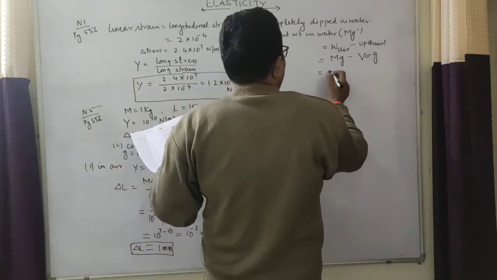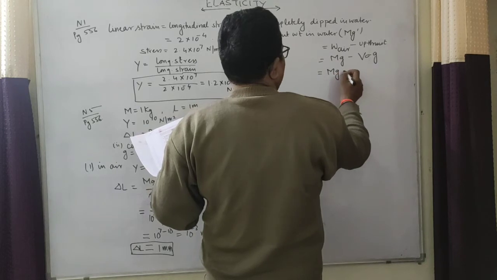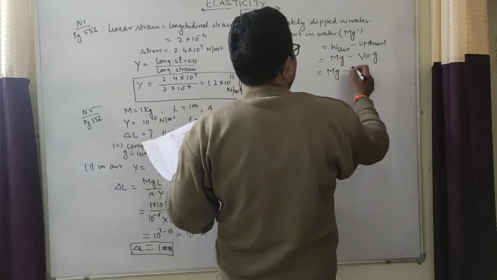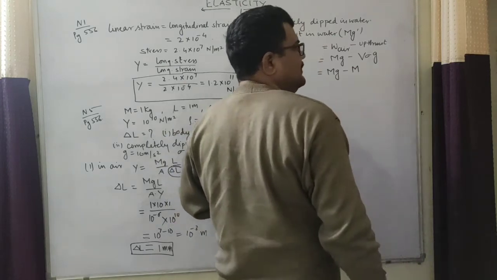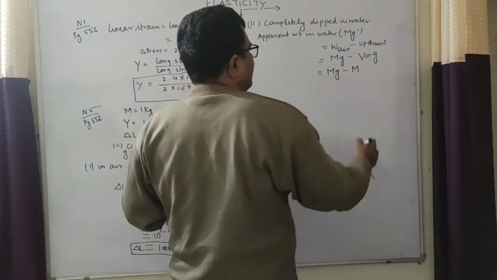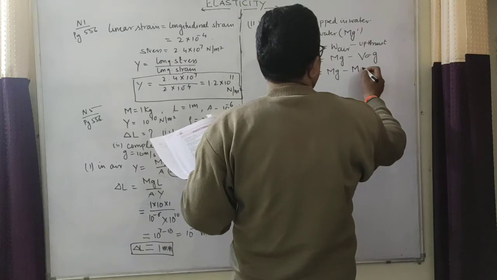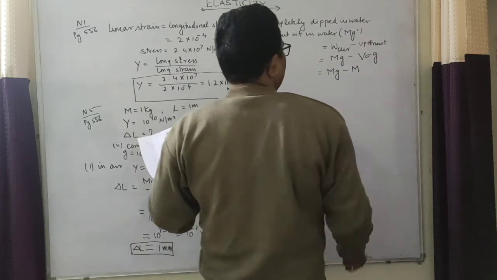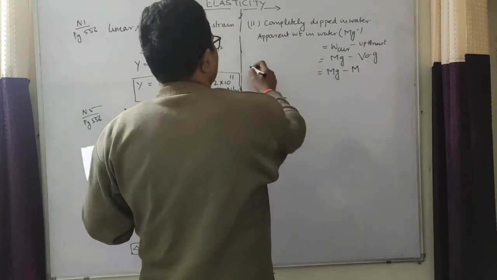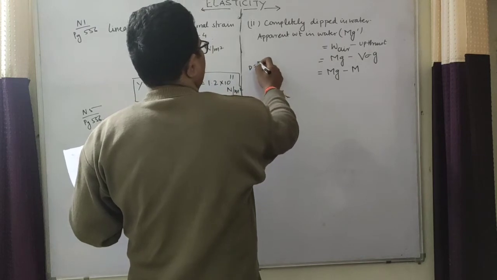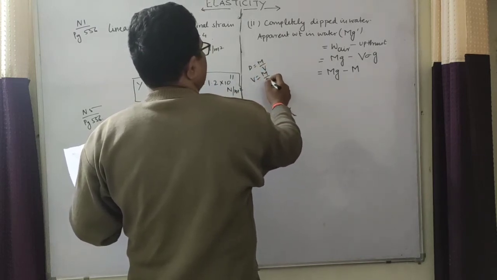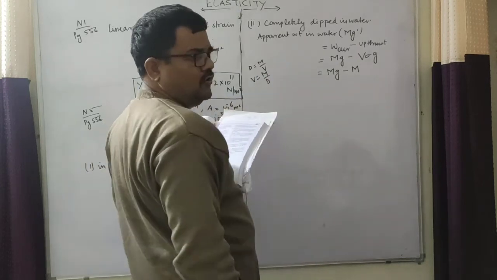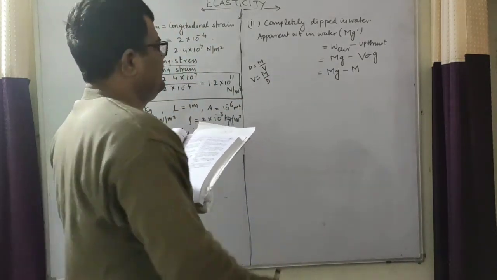Now here mg, volume is mass into, as it is completely dipped, so mass will remain same. Density is mass upon volume, so volume is mass upon density.